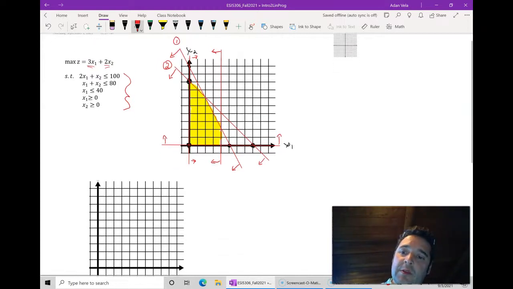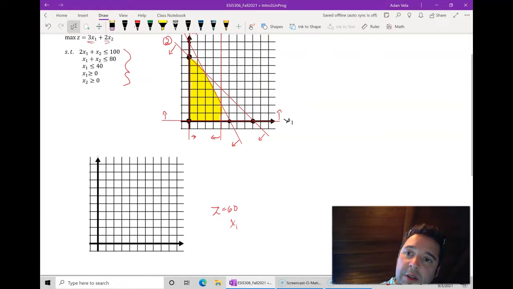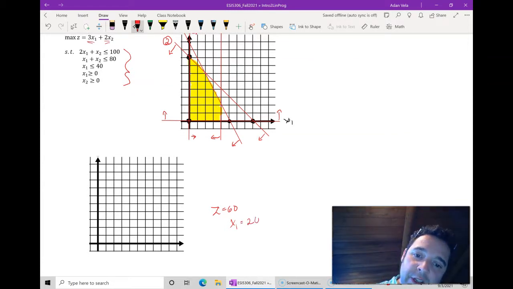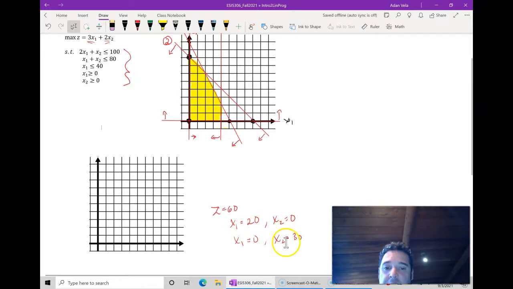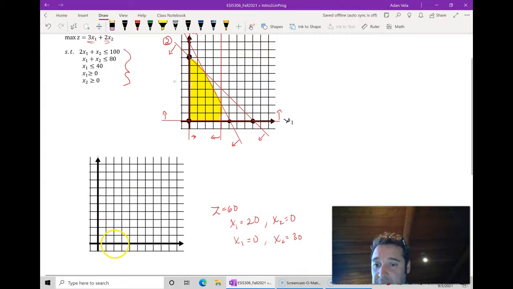Okay. So when z equals 60, one solution is x1 is equal to 20 with x2 equal to 0, right? Or x1 equals 0 and x2 is equal to 30, right? So this right here defines an isoline for the value of z equals 60, which corresponds to the objective function. So I'm going to go ahead and draw that isoline here.